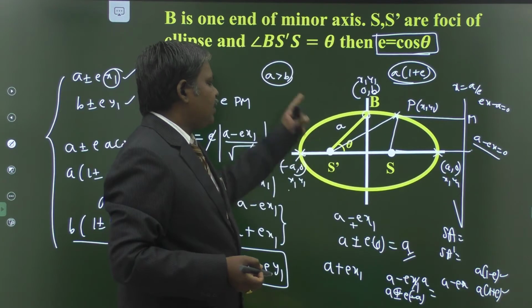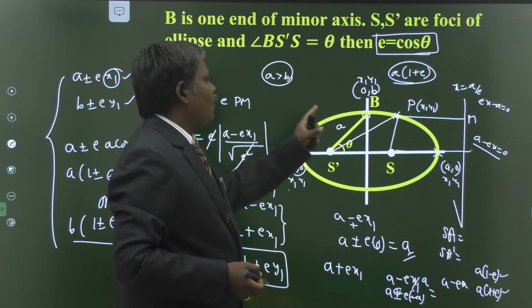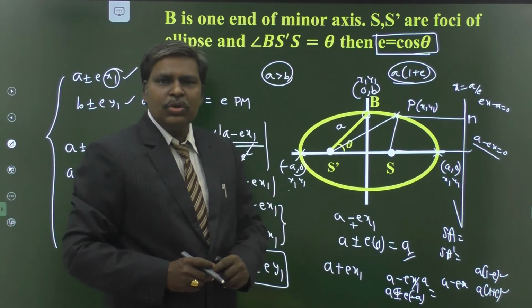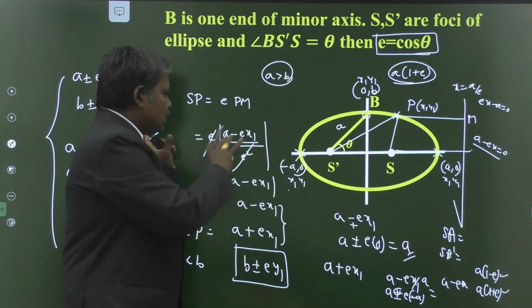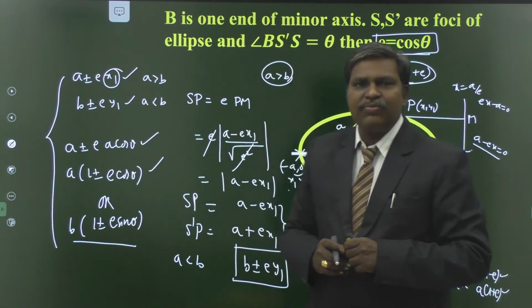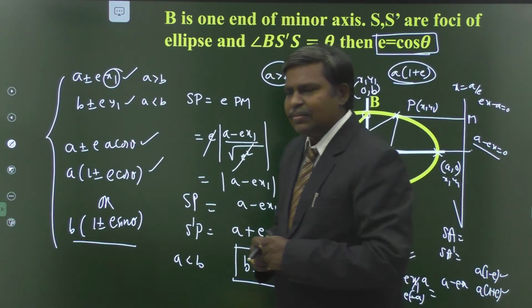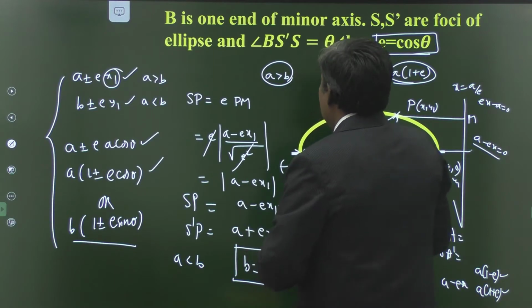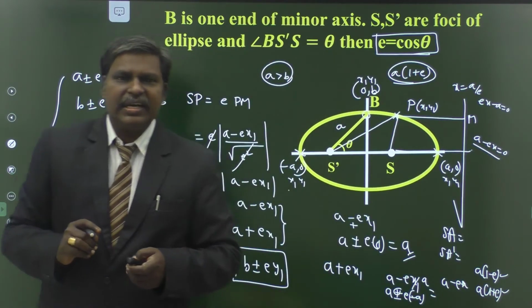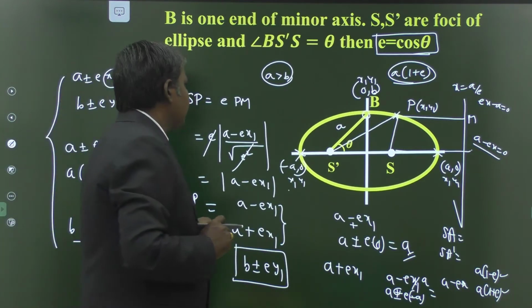So for maximum and minimum, the ratio is what? 1 plus e is to 1 minus e. Don't forget, this is the entire concept related to the focal distance of a point on the ellipse. Understand, my dears? Now, with the help of these concepts, let us do some problems related to these concepts.